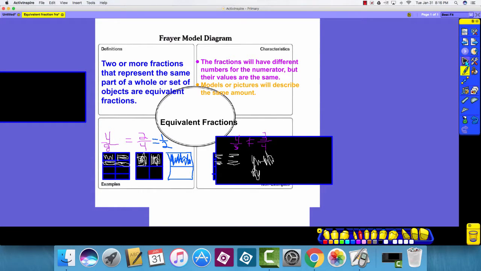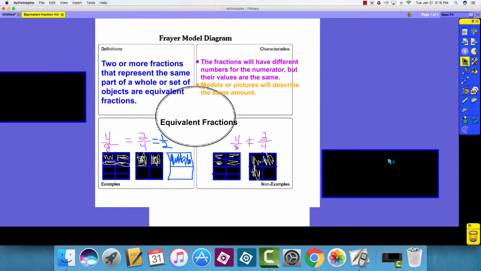Let's go ahead now and look at my non-examples, okay? In this box, I'm showing fractions that are not equivalent, that are not equal. I have the same squares that I had over here. This square is divided into 8 equal parts: 1, 2, 3, 4, 5, 6, 7, 8. I have 4 of those sections shaded, so I have 4/8.